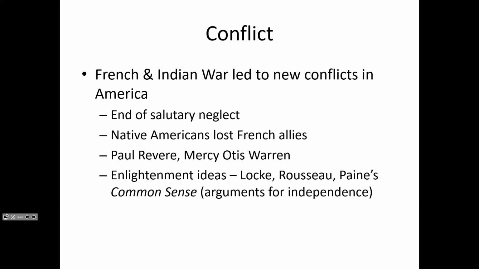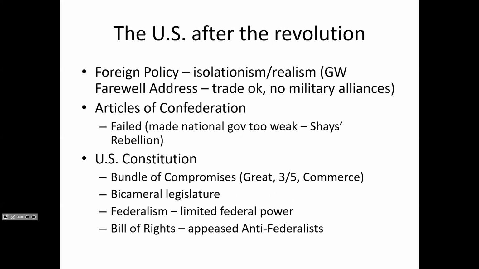The American colonies don't benefit from British colonization. Their size, they're bigger than Britain, so they should be independent. All of that really helps support the ideas of independence. So they have a revolution and the American colonists win and become the United States of America.